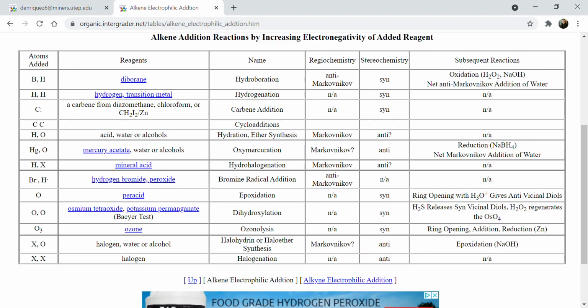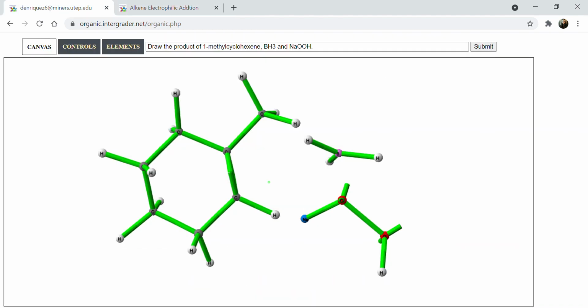Okay, so I'm going to go back to my chart and I'm going to look for something that's kind of similar. Let's see, I have boron.